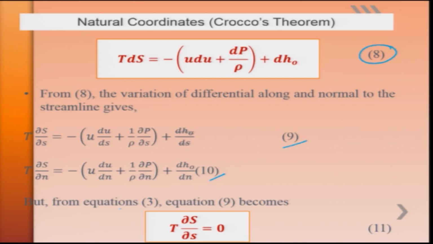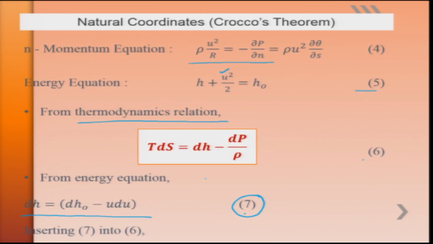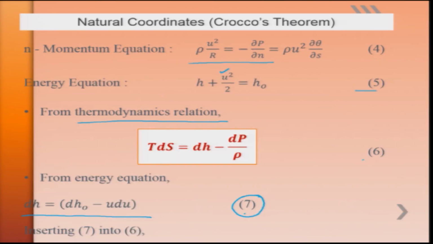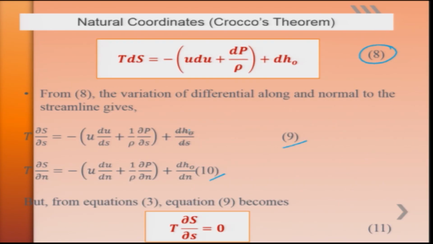Now from equation number 3 and 9, let us go back and quickly check equation number 3, which is nothing but our Euler's equation. Using this equation, equation number 9 will give you that this term is 0, and since along the streamline we have already assumed that the enthalpy is constant, this term automatically goes to 0.